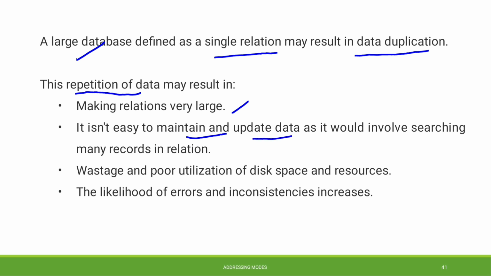It would involve searching many records in the relation. So there is wastage and poor utilization of disk space, and the likelihood of errors and inconsistencies will increase. So instead of having a large database with a single large relation, it is better to have several small relations.